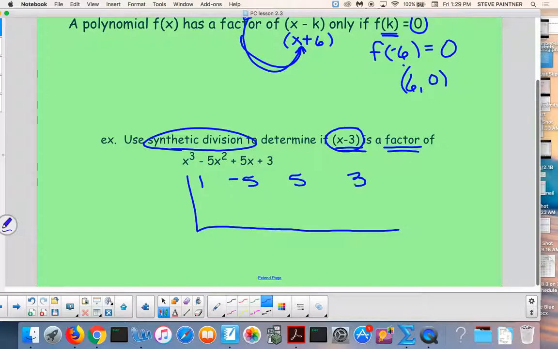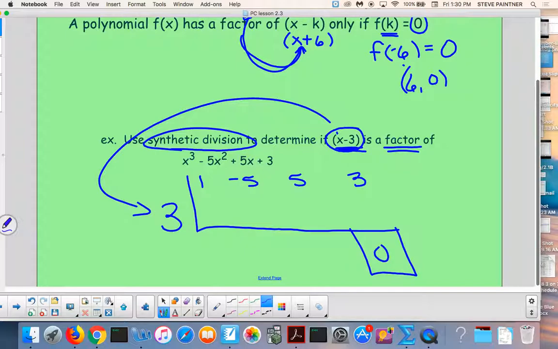If this is truly a factor, then the remainder better be 0. You better have no remainder, because factors are numbers that go into other numbers evenly, right? So what do I put out there? You're going to divide by that. You're going to have to say, is 3 a 0? Work it out. See if you get 0. Let's hope.